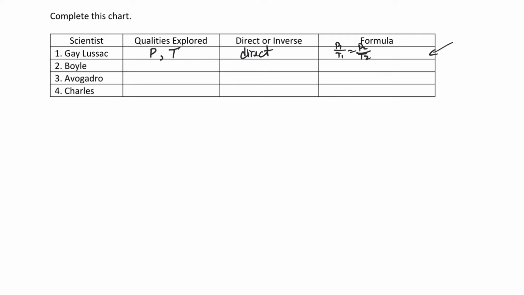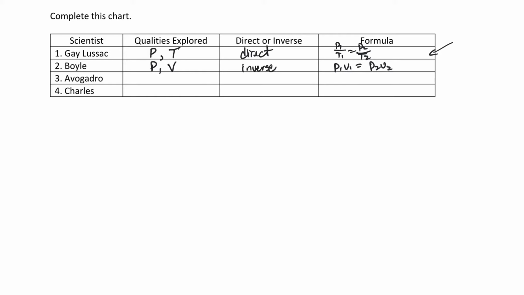Boyle, boils are pretty vile. So he explored pressure and volume. And this one is the only one that's an inverse relationship, because as pressure goes up, volume goes down, and vice versa. His formula was P1V1 equals P2V2.